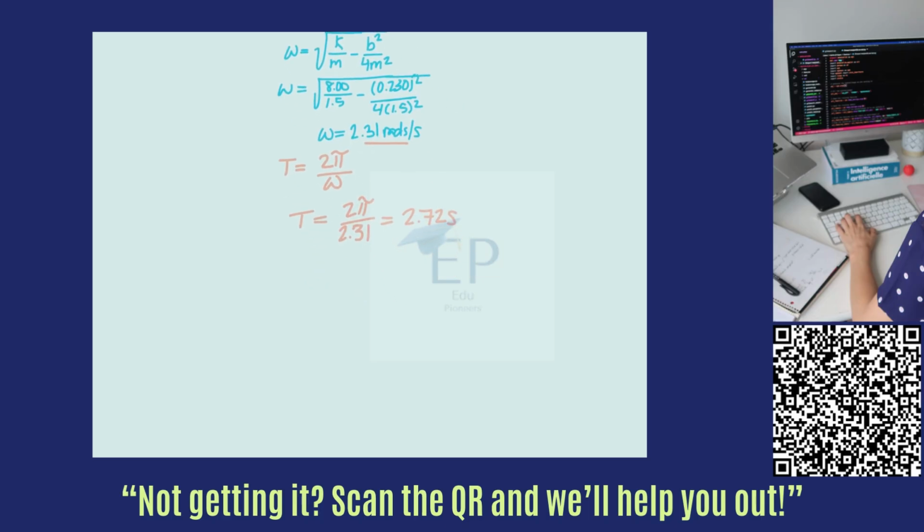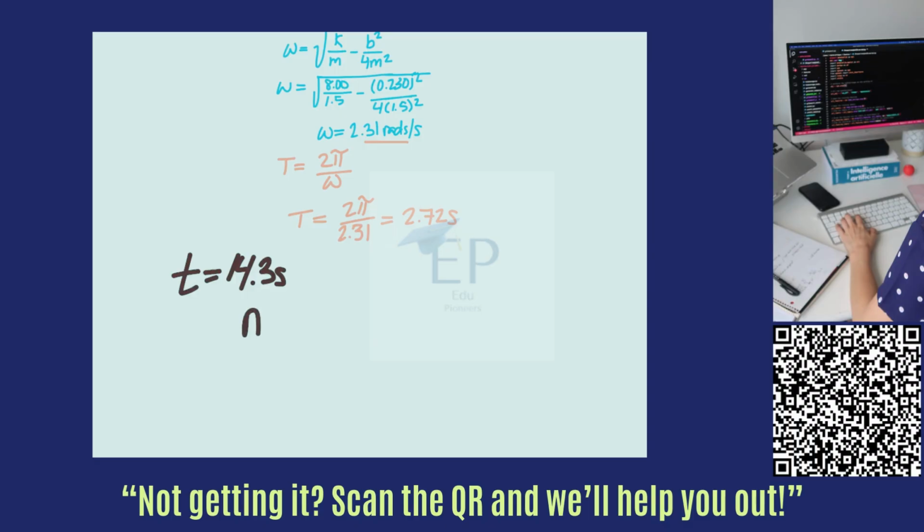Now we found that the total time that we're looking for, our t, is 14.3 seconds. So we're going to divide the 14.3 seconds by our period to see how many oscillations we will have.